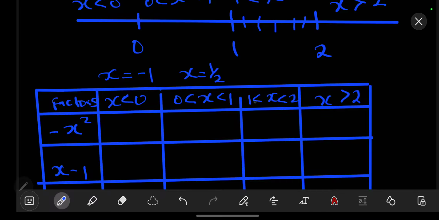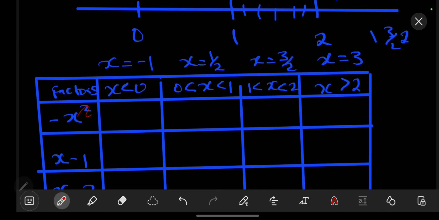Then from 1 to 2, we could have a number in between, which is 1.5. 1.5 is the same as 3 over 2. So x at this point can be equal to 3 over 2. Then last but not the least, if x is greater than 2, it could be equal to 3 there. So now let's do our calculations.